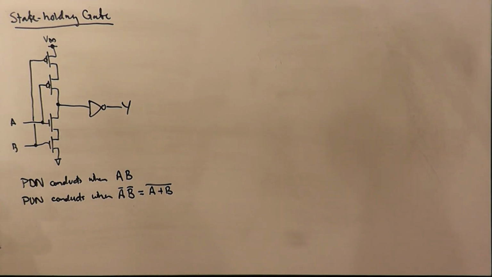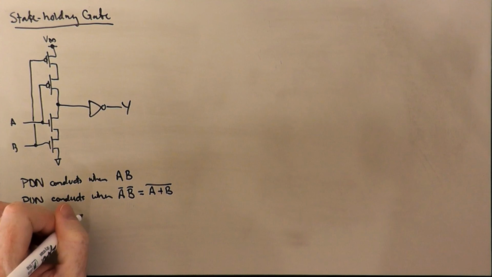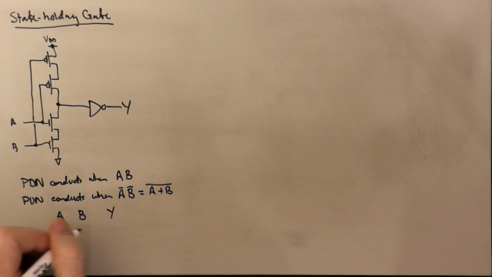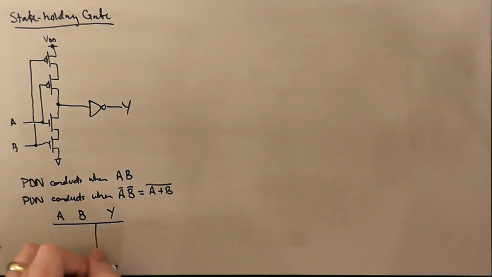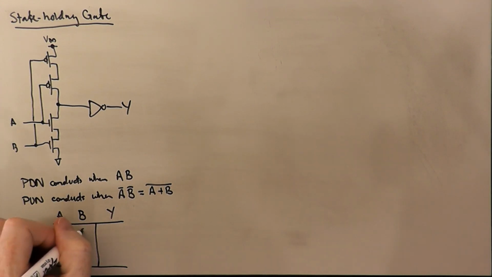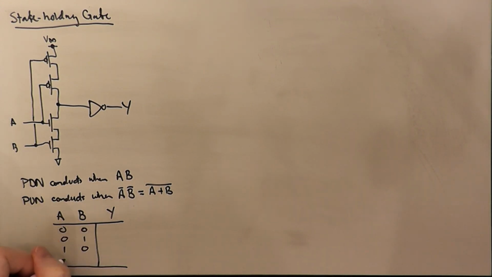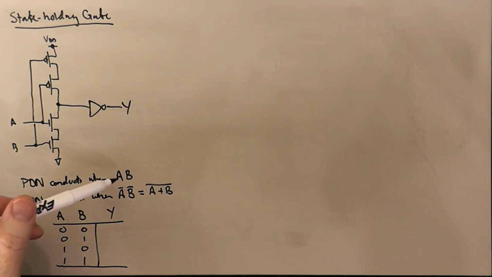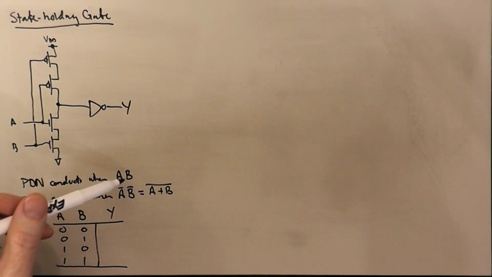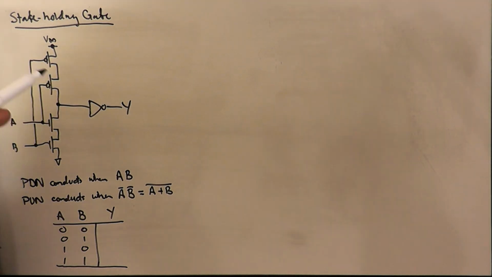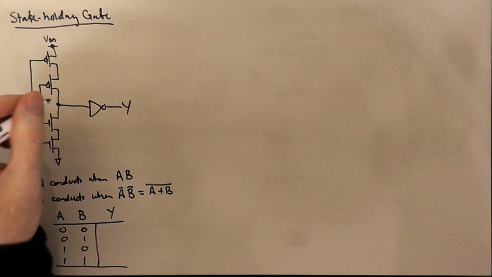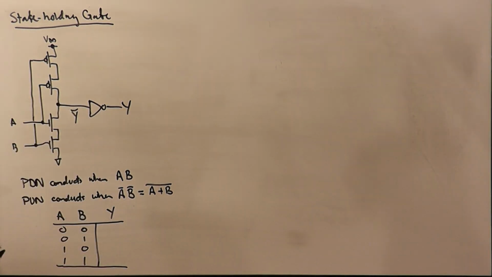So if we were to draw a truth table for this gate, we might have A, B, and Y. So we have four combinations: 0 0, 0 1, 1 0, and 1 1. Well, when A and B are both high, then the input to the inverter here, which I guess we could call Y bar, since the output of the inverter is Y, gets pulled low.